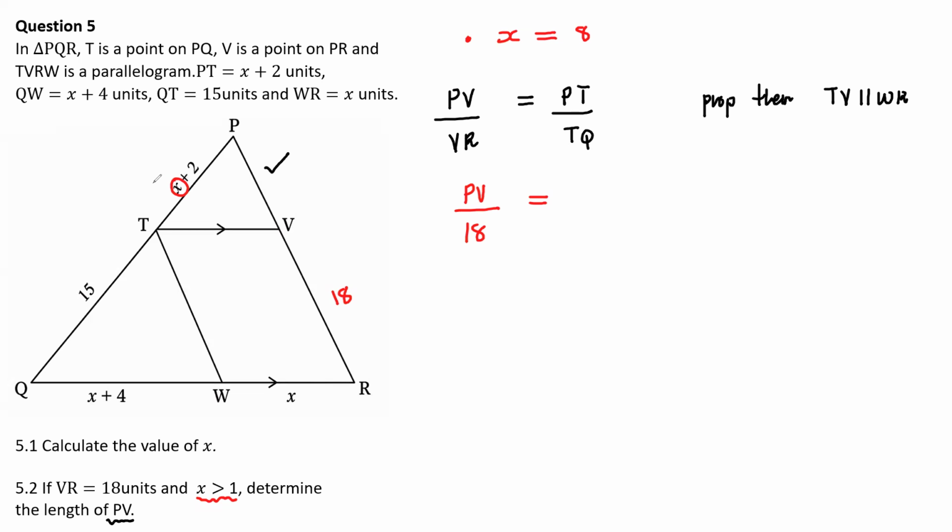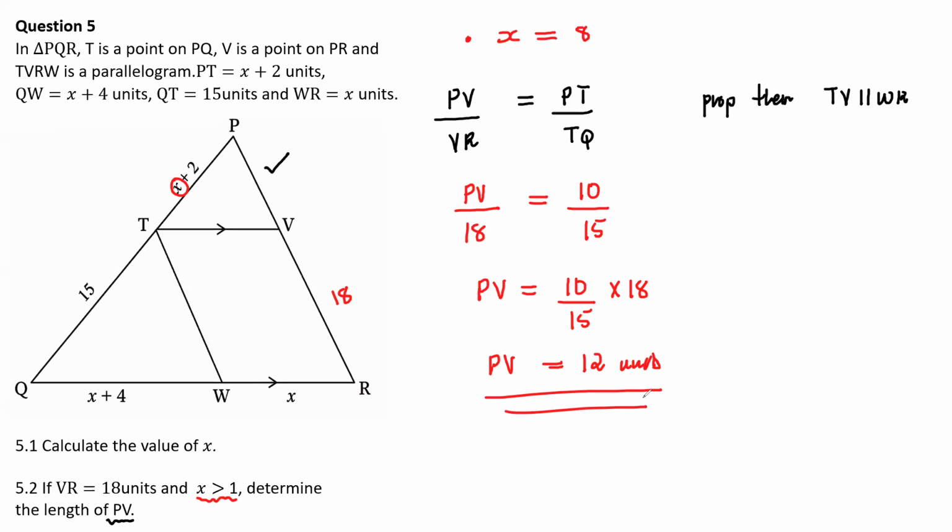All right, PT, x is 8, so PT is 8 plus 2, which is 10. TQ being 15. The rest is algebra, cross multiply: 10 over 15 times 18. I'm getting 12 units. And that becomes the value of PV.